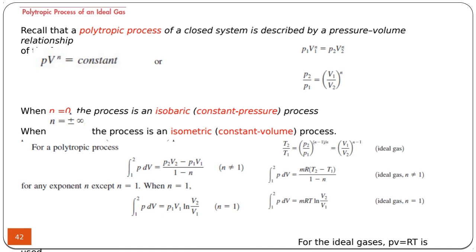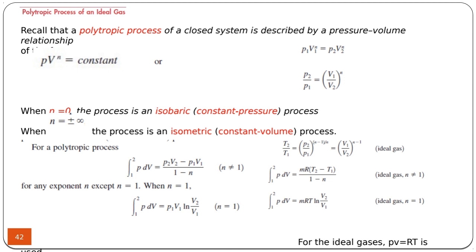There are many types of processes, such as we saw in the example. It could be constant volume, it could be constant pressure, it could be constant temperature, and the process can also be something called polytropic. If a process is polytropic, then PV to the nth power is constant.